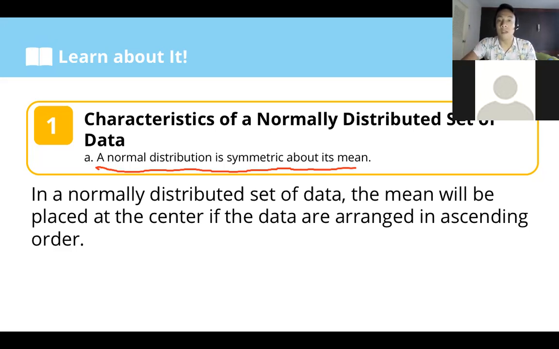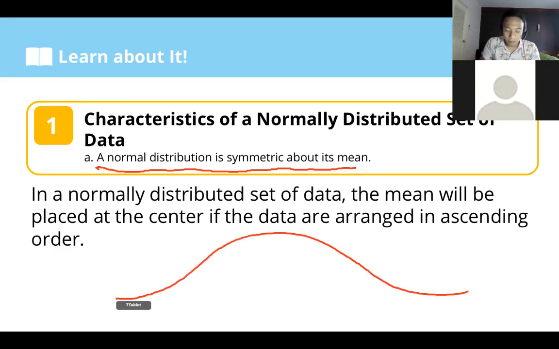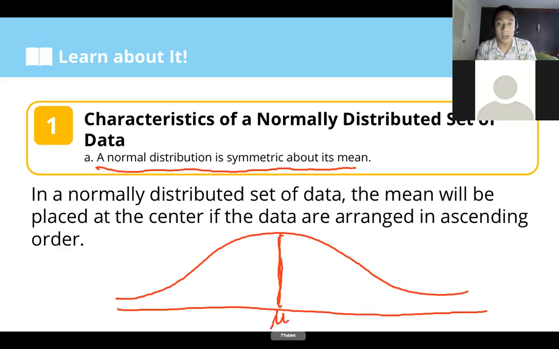In a normally distributed set of data, the mean will be placed at the center. For example, this will be our normal curve. Normally, the very center is our mean. So that is the first characteristic: a normal distribution is symmetric about its mean.